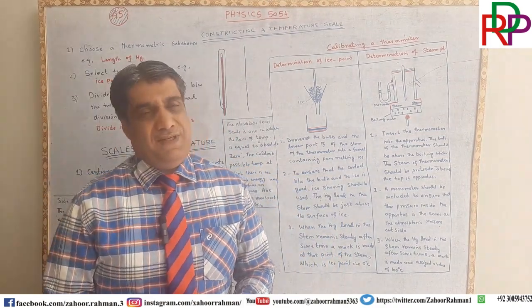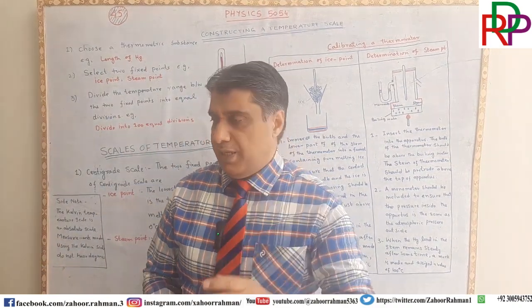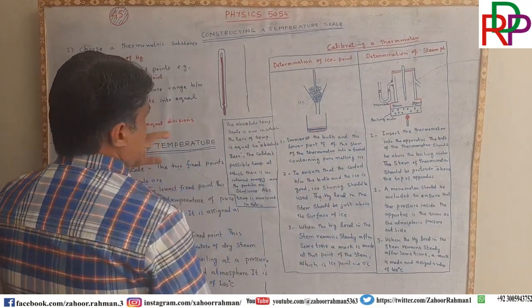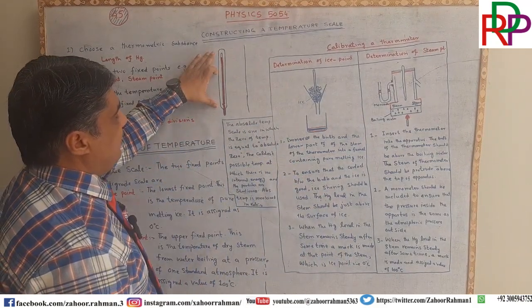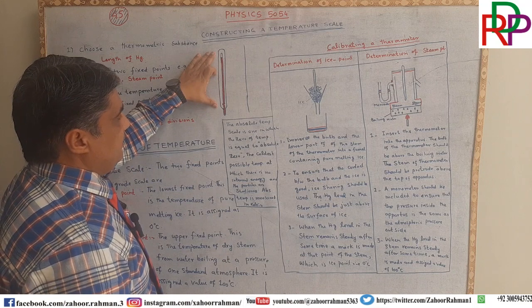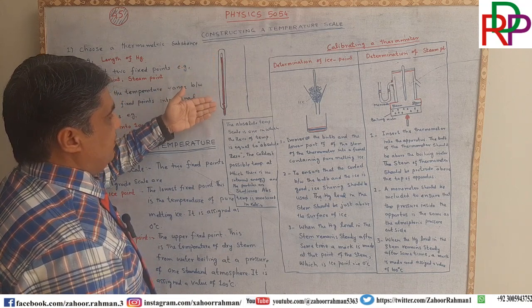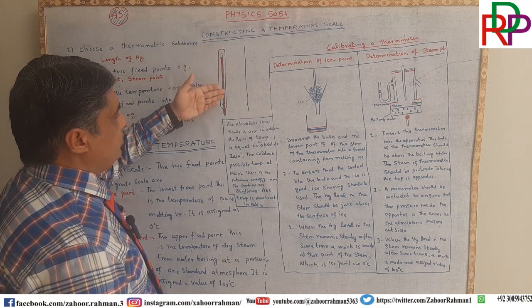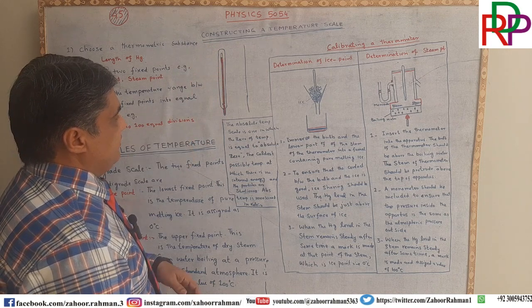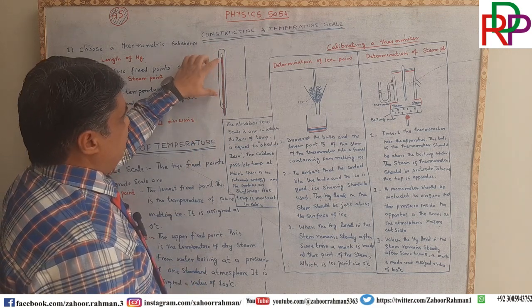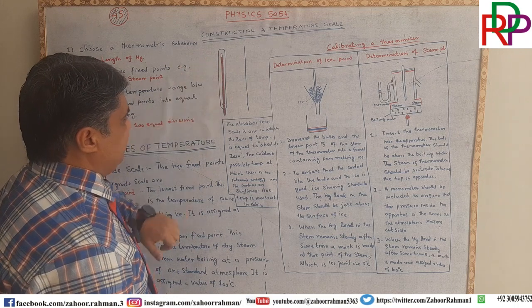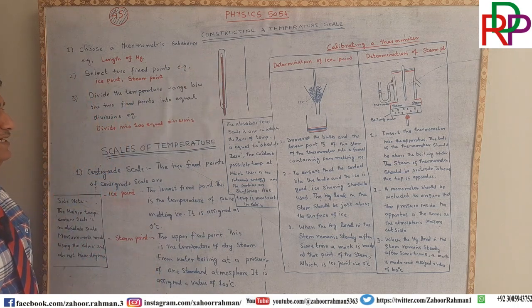Ladies and gentlemen, when you are taking a thermometer, nothing is there on it. That is a thin glass tube outside, and there is a capillary tube inside in which you have to select a substance.